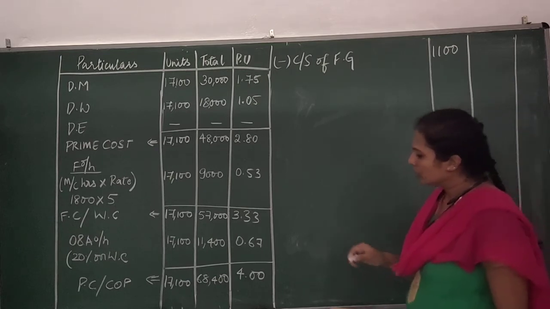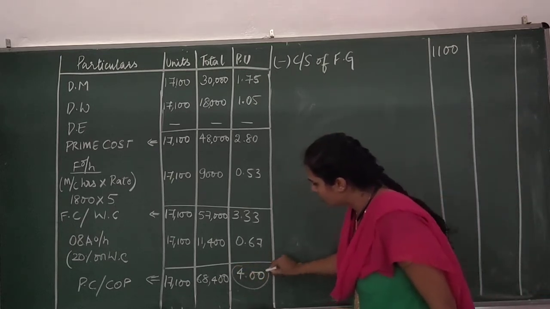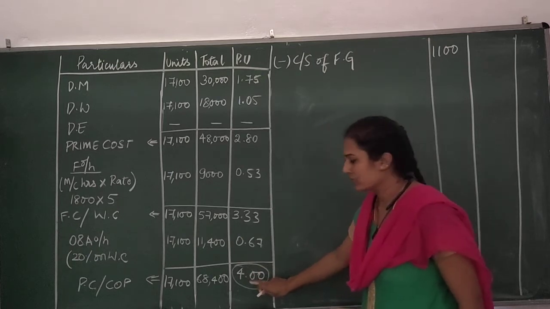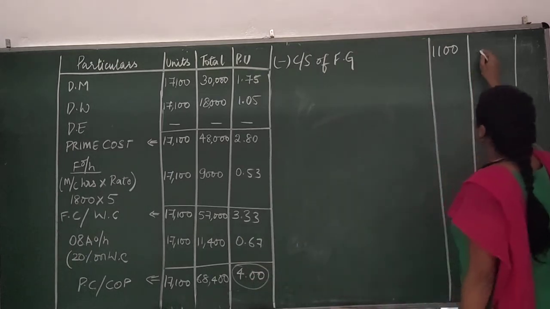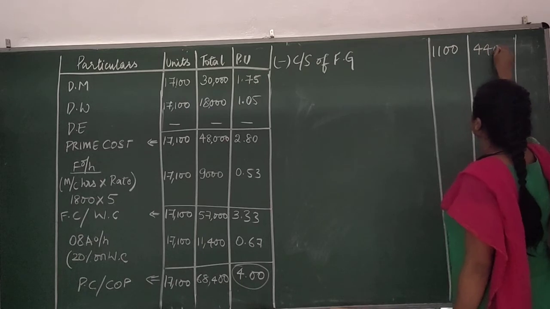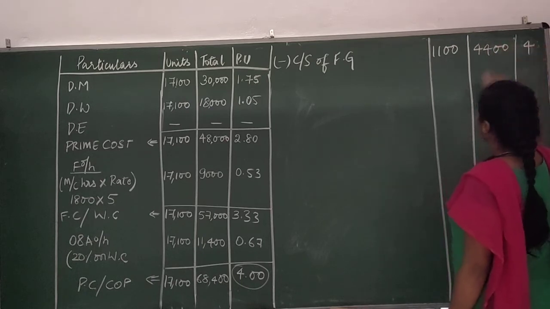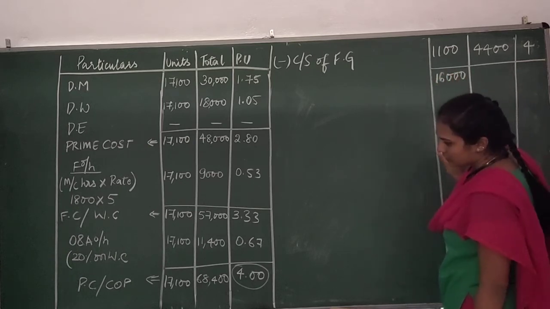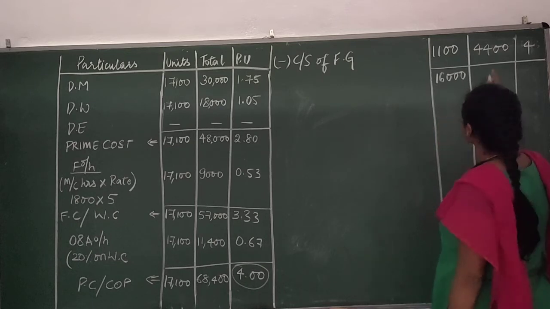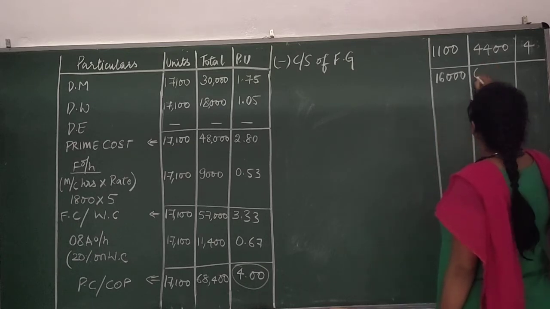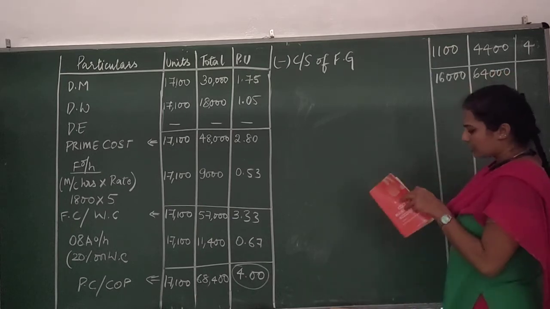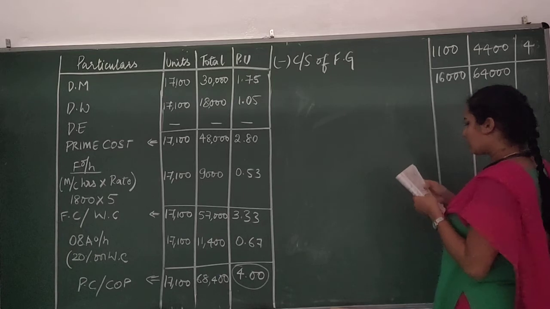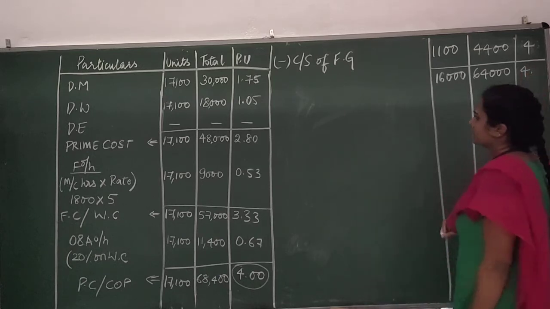So what will you do? You will take the value of this, which is 4 rupees. So 4 rupees into 1,100 gives you 4,400. Now you will deduct it. Now you will have 16,000 units and 68,400 minus 4,400 gives you 64,000. Now 64,000 divided by 16,000 gives you, again, 4 rupees.